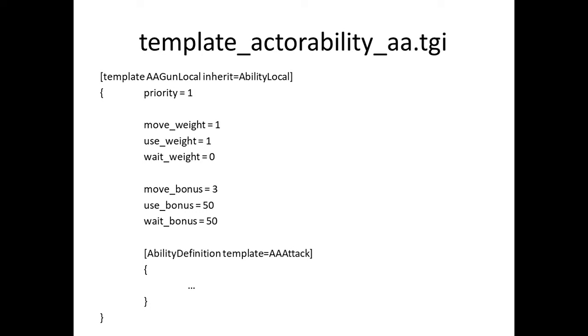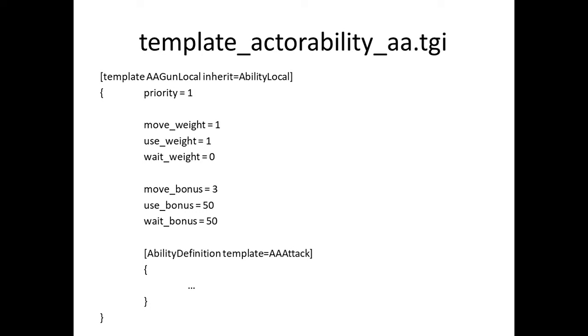But the bonus values are all different. Move bonus is set to 3, which is sort of unnecessary given that the rifle or submachine gun or what have you attack used by infantry is typically the longest range ability that they have to begin with. But use bonus is 50 and weight bonus is 50.